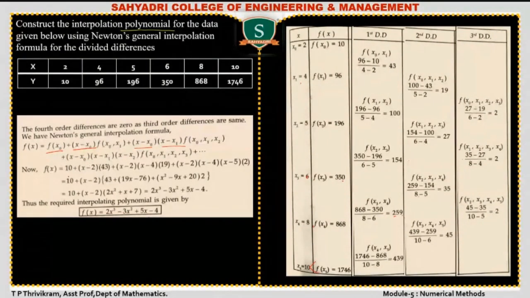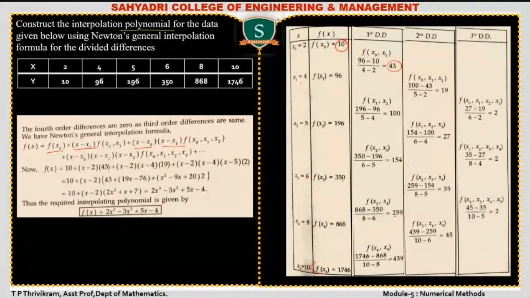Okay, so substitute it. F of x is equal to f of x naught. F of x naught is 10 here. Next, x minus x naught. X minus x naught is 2 into first order difference. That is 43. X minus x naught into x minus x1.